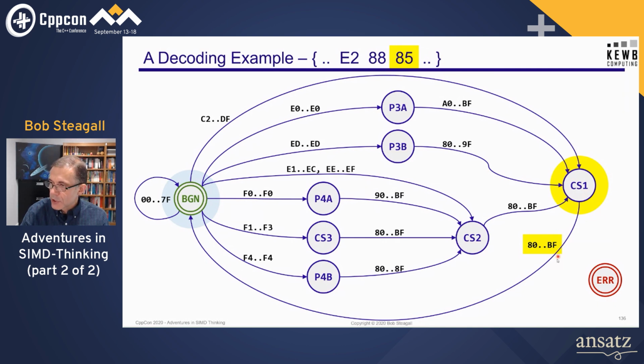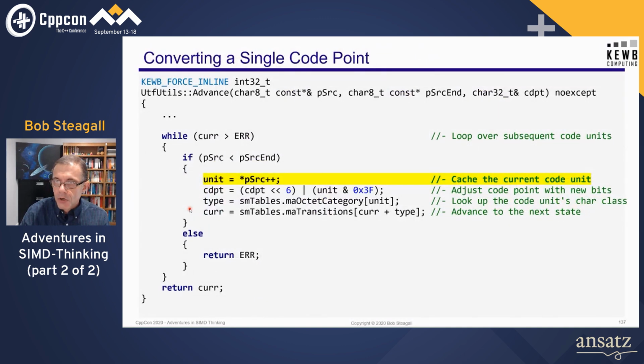And I have a transition out of that that takes me back to the begin state, which is also the valid done state. So I do the same thing. I extract the code unit from the array. I take my current code point, shift it up by 6, mask in the lower 6 bits from my code unit. I look up the character class, add it to the current value, and look that up in an array to tell me what the next state is.